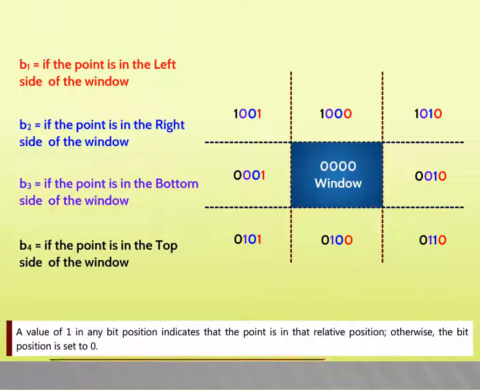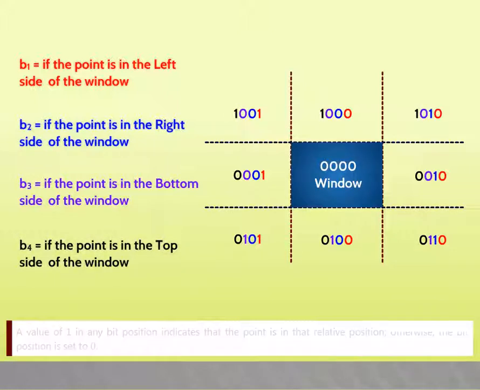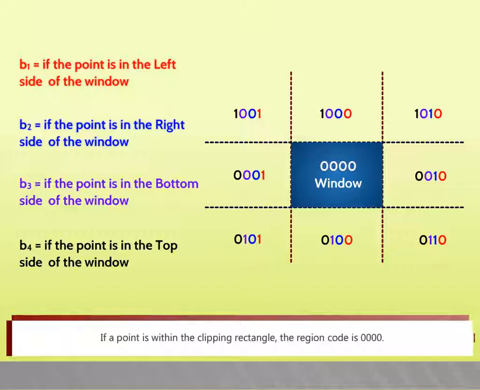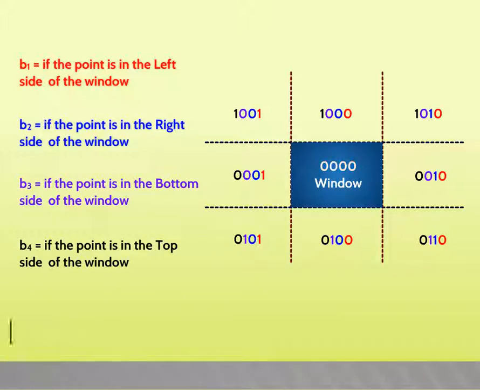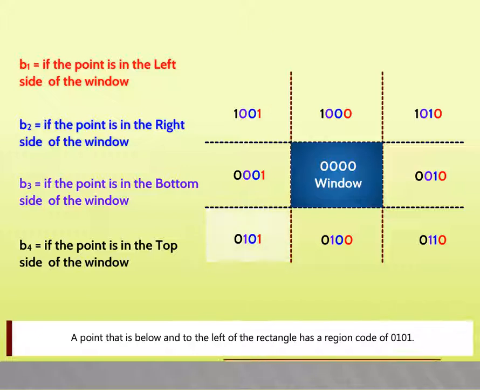A value of 1 in any bit position indicates that the point is in the relative position, otherwise the bit position is set to 0. If a point is within the clipping rectangle, the region code is 0000. A point that is below and to the left of the rectangle has a region code of 0101.